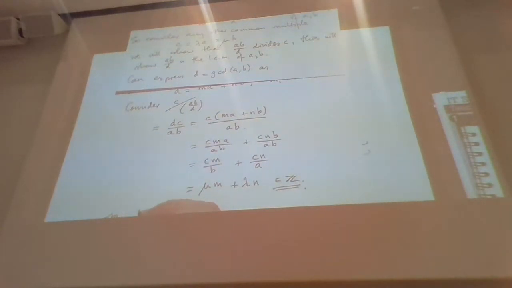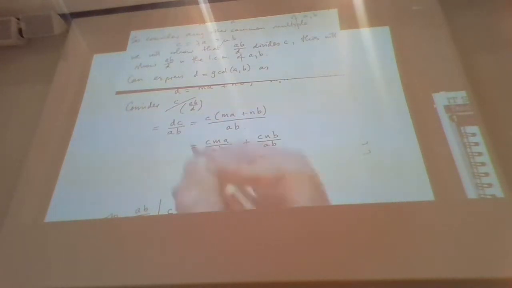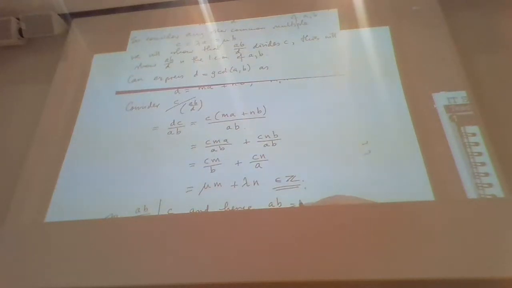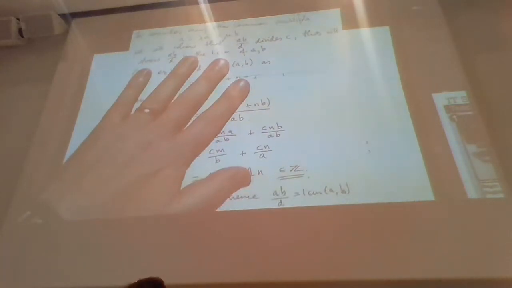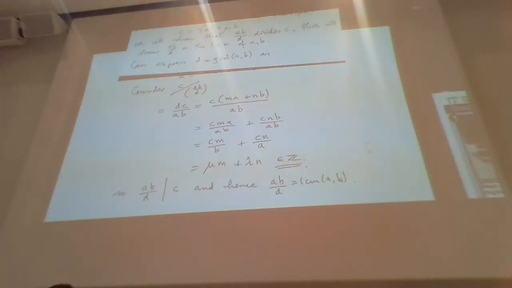So that shows that AB over D does divide C, and hence, as we've already set out, AB over D is the least common multiple of A and B. Okay. So that establishes that nice equation in theorem 2.6, that the product of the GCD and the LCM is just the plain old product of the two numbers.